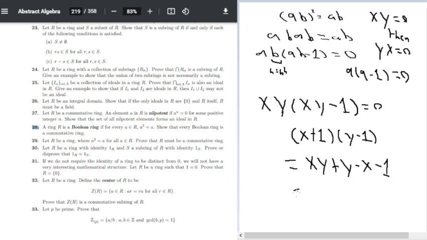So that's equal to xy minus 1 plus y minus x.